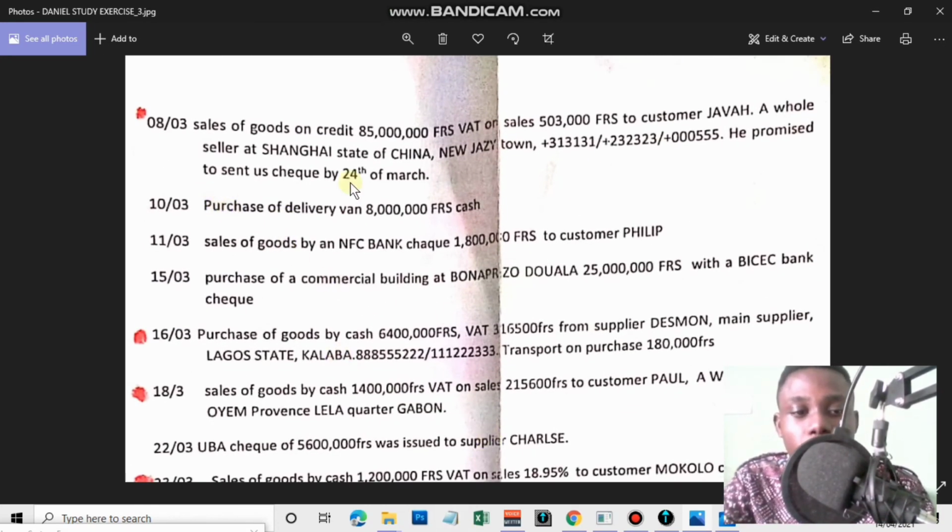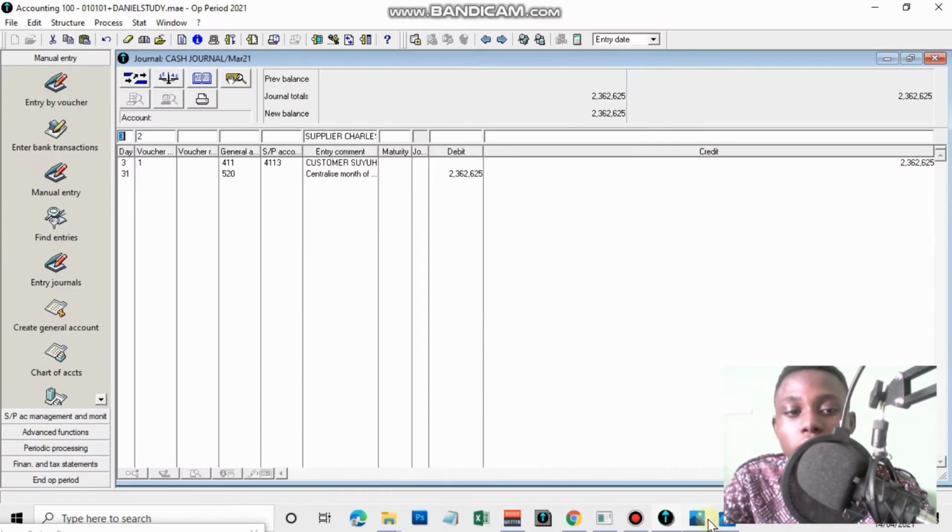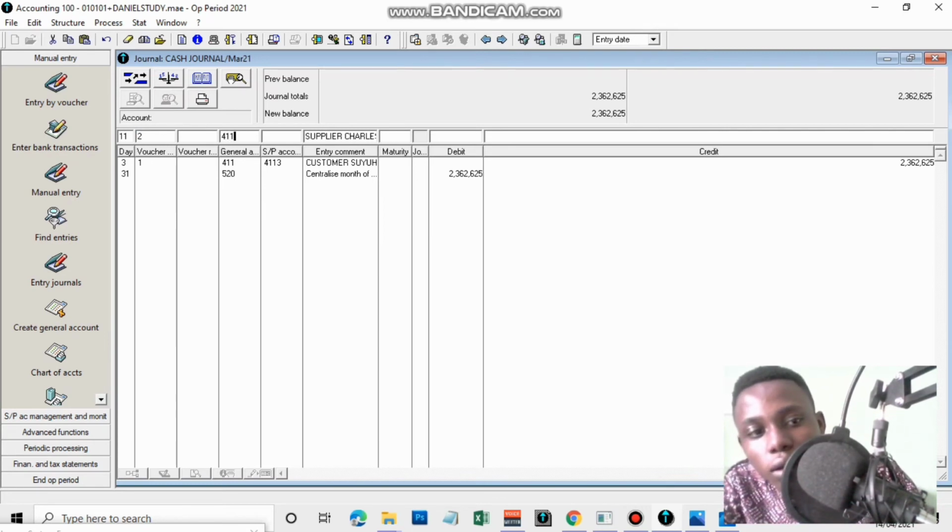Now the other one: sales of goods by NFC bank check. The customer already made the payment on the very day by NFC bank check. So the very day that he bought, he made the payment, and we're just going to record it. It was on the 11th, so we put the 11, and here we put the customer, customer Philip.